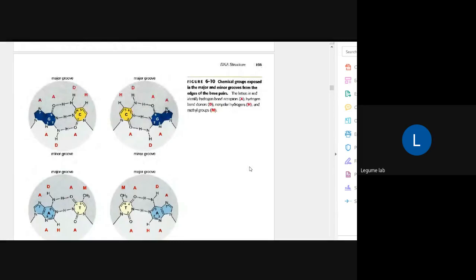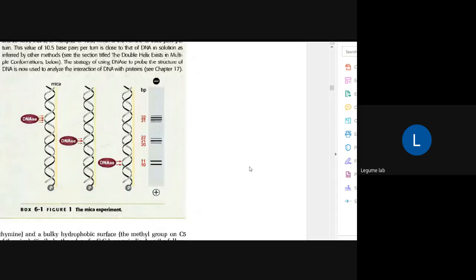Coming to the minor and major groove, it is exposing hydrogen donors as well as acceptors, as well as some specific groups which react with other molecules. So that makes the difference. The same molecule present in the minor groove will act in a different way in the major groove. Just by these properties of the minor groove and major groove, proteins react with the double helix.